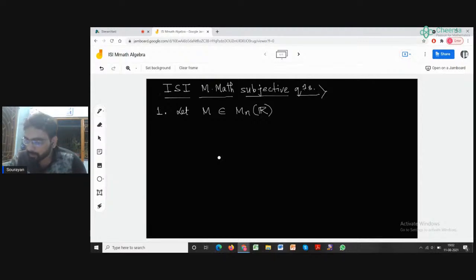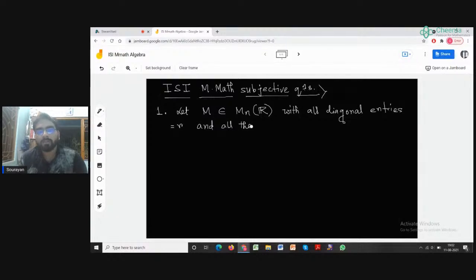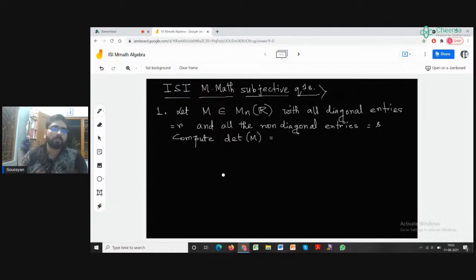real matrix, a real n cross n matrix with all diagonal entries equal to R, and all the non-diagonal entries equal to S. Then we have to compute the determinant of M. Since it's an n cross n matrix, if you write down your matrix, it is like this: R, R, going on diagonally till R, and S everywhere else.